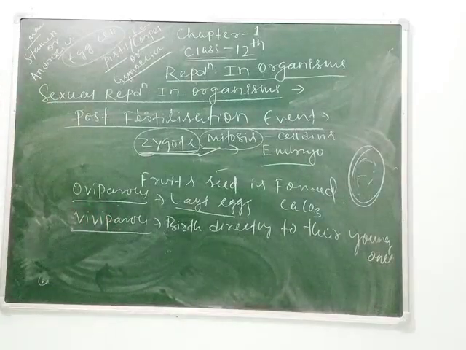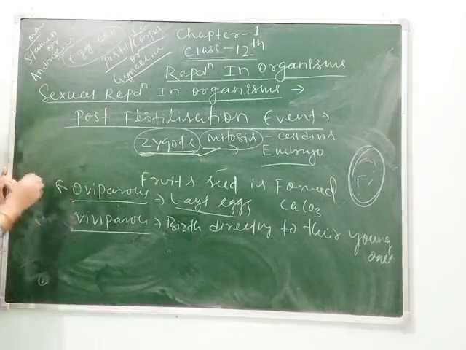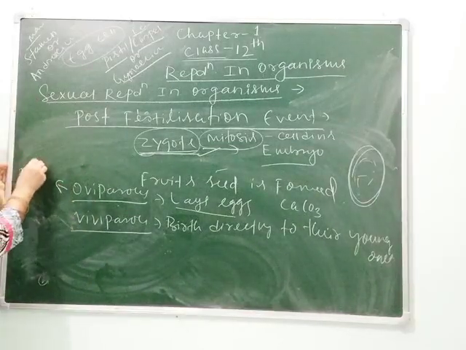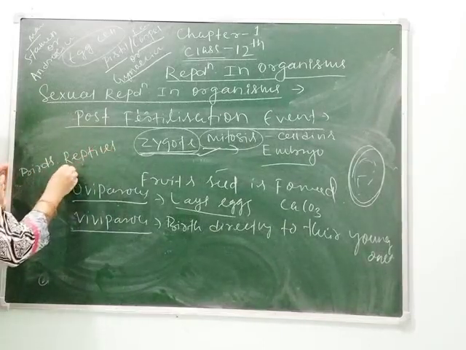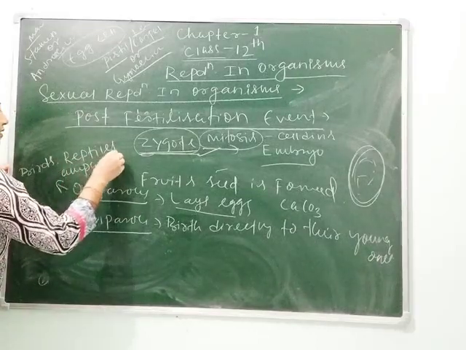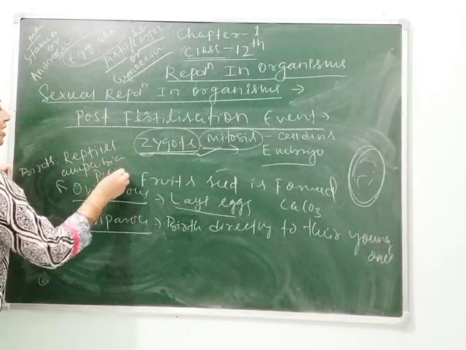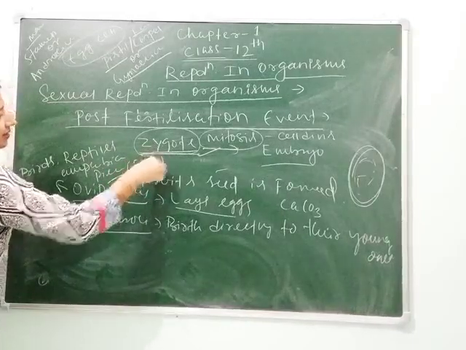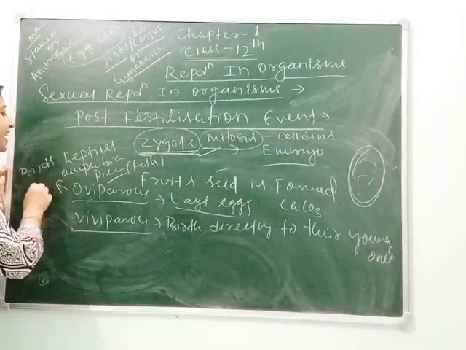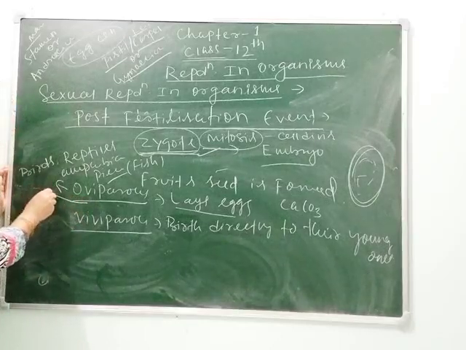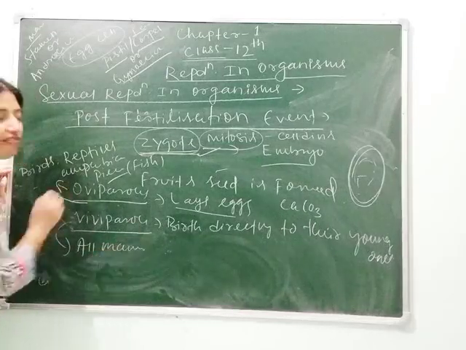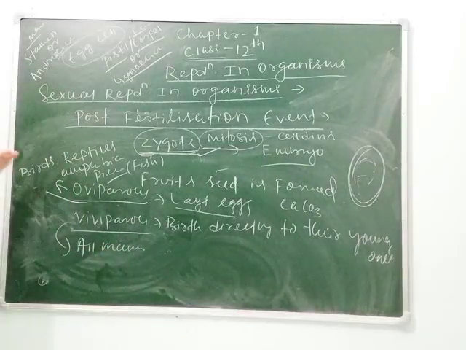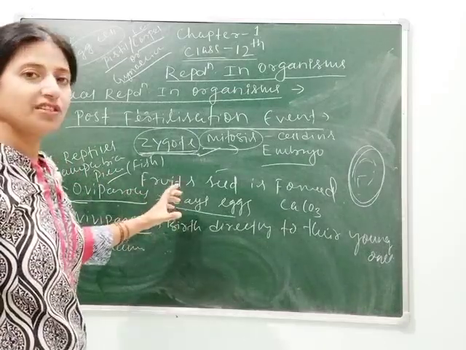Examples of oviparous: birds, reptiles, amphibians, and fishes produce their young ones by laying eggs. In viviparous, all mammals are viviparous. Clear, students? So this is the post fertilization event.